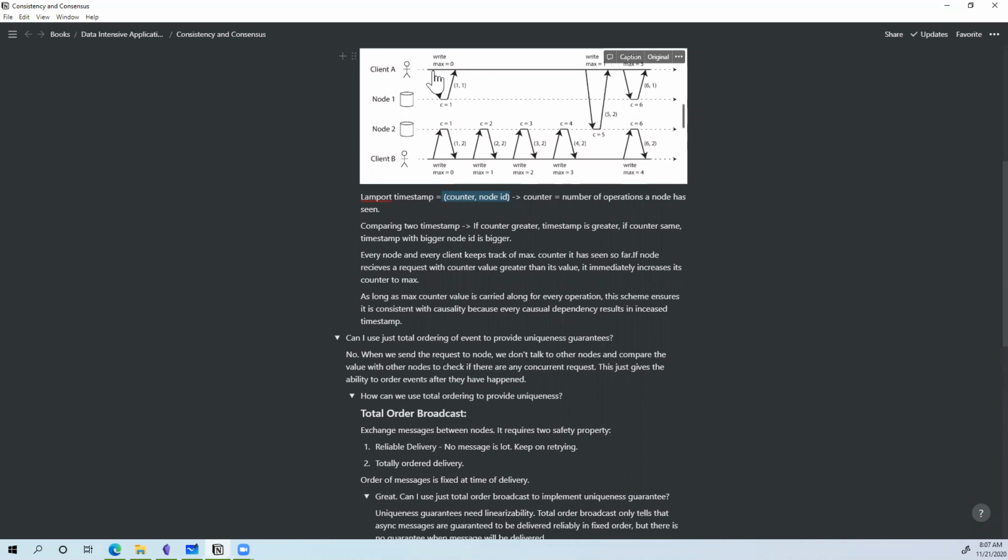If someone wants to write a unique username, they send the request for that username to the node.